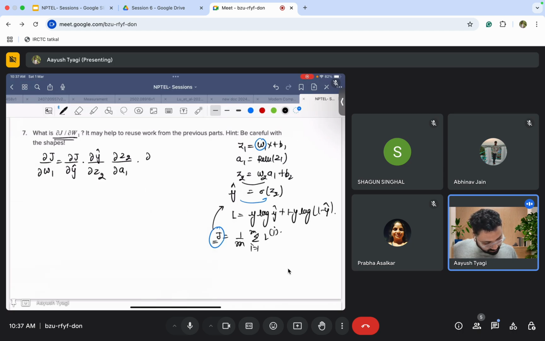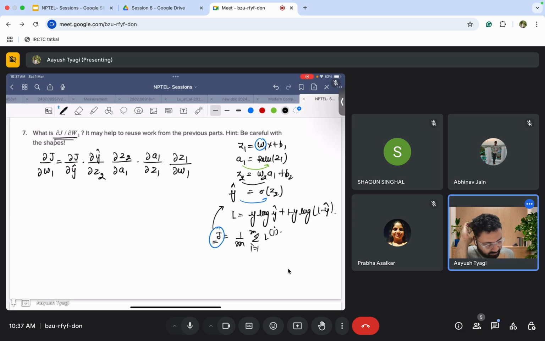Now how A1 changes with respect to Z1. At last we'll see how Z1 changes with respect to W1. Makes sense, right? So that's how you do the chain rule.